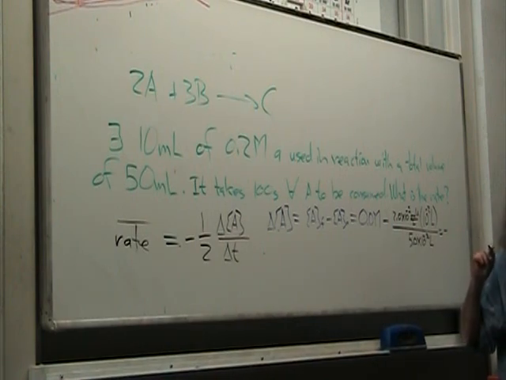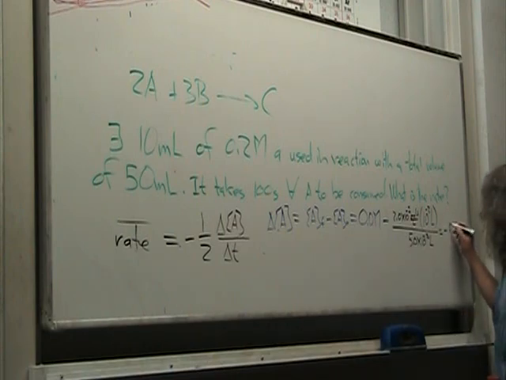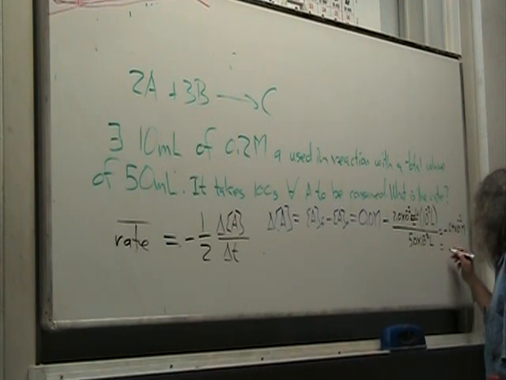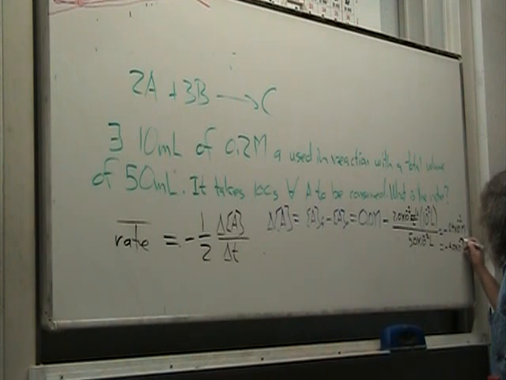What is a fifth? 0.2. So 0.4. So it equals minus 0.4 times 10 to the minus 1 moles per liter, or that's equal to minus 4.0 times 10 to the minus 2 moles per liter.